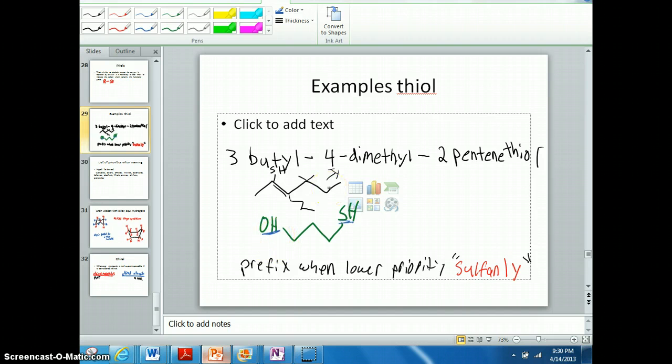So what we're going to have here is a 1, 2, 3, and so this is going to be a 3, and when it's a lower priority, the prefix we use is sulfanyl. And this is a 3, so it's going to be propanol, since our alcohol takes the head naming.